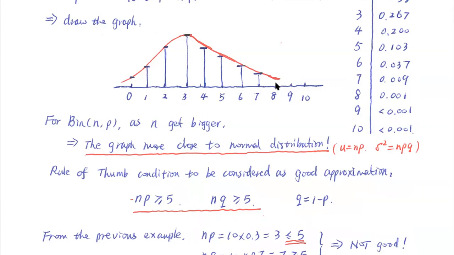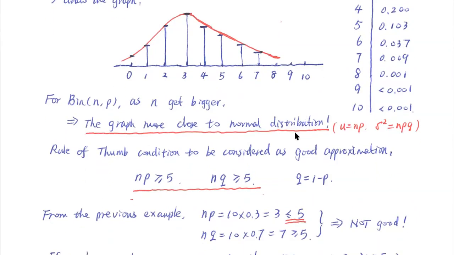Another thing I want to mention is the rule of thumb for applying the normal approximation to the binomial distribution. We have to satisfy 2 conditions. The number of tosses n multiplied by p is greater than or equal to 5, and n multiplied by q is also greater than or equal to 5.